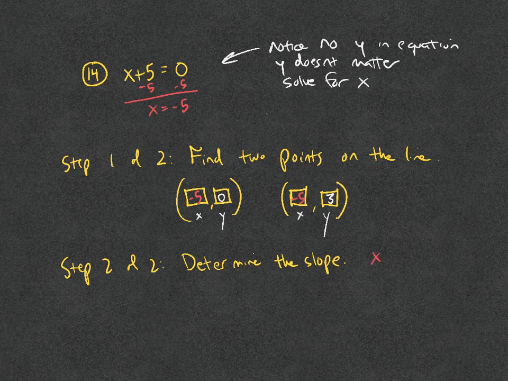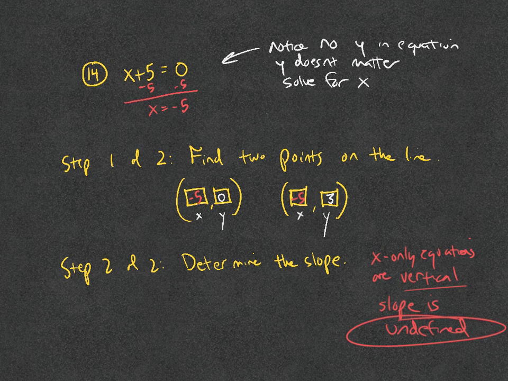You'll have to remember that x only equations are vertical. We talked about that a little while ago. And so if it's vertical, that means the slope is undefined. Vertical slopes are undefined. Horizontal slopes are 0.